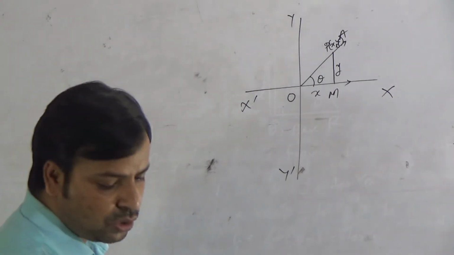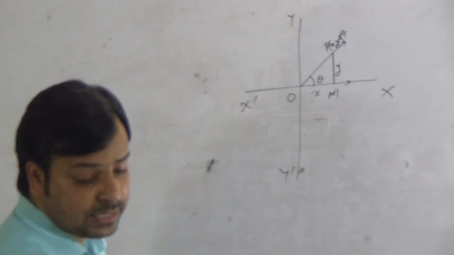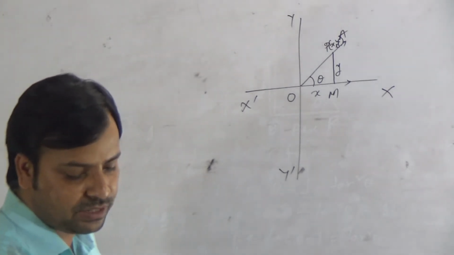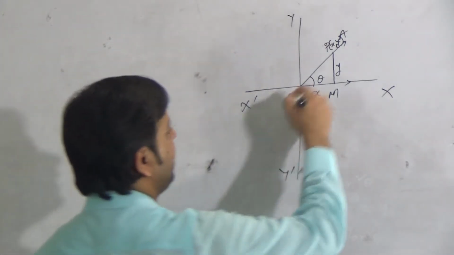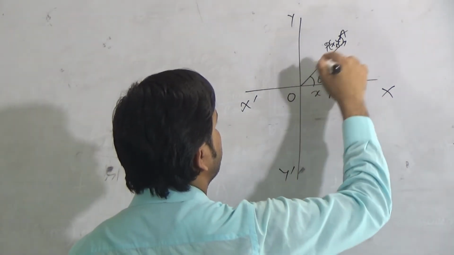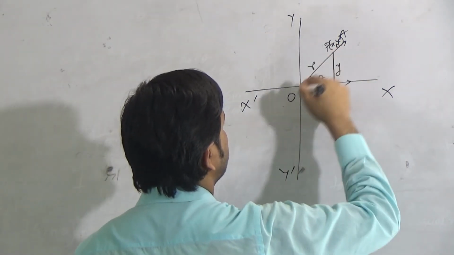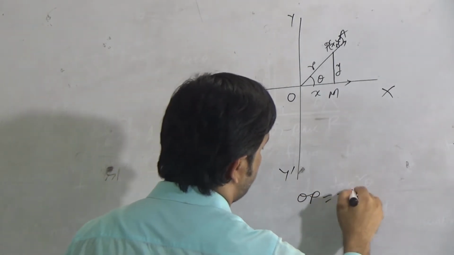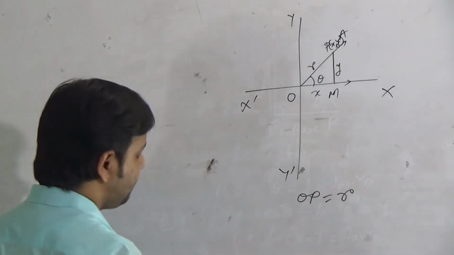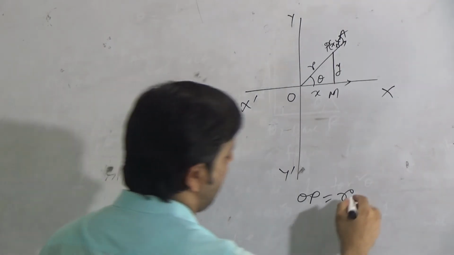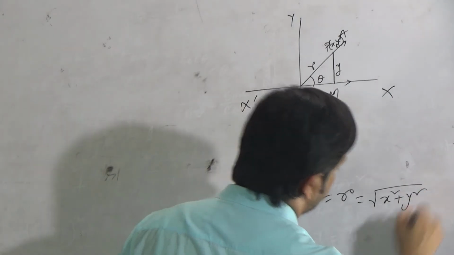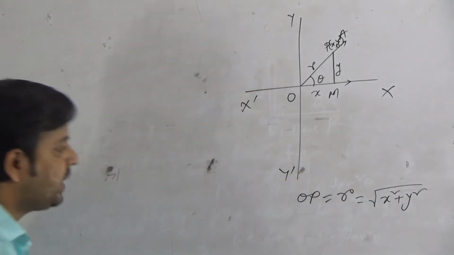Okay, dear students, so from this we can determine different trigonometric ratios. To determine the ratios, at first suppose OP is equal to r. So we can write here r is equal to square root of x square plus y square.